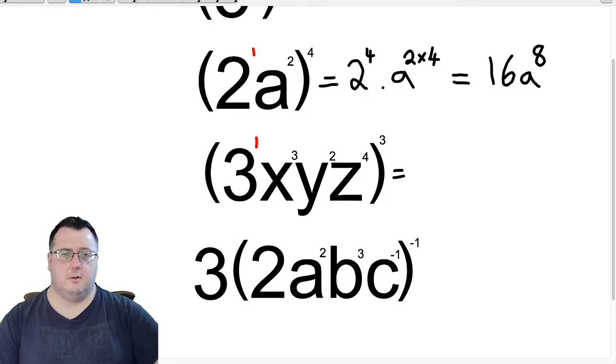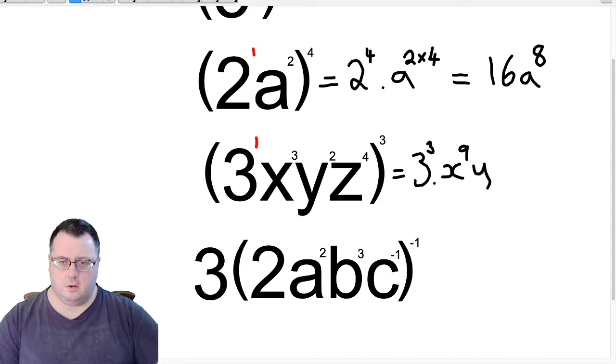Okay, so we're going to get 3 to the 1 times 3, which will be 3 to the 3, times x to the 3 cubed, which will be 3 times 3, or 9. Y, 2 times 3 will be 6. Z, 4 times 3 will be 12.